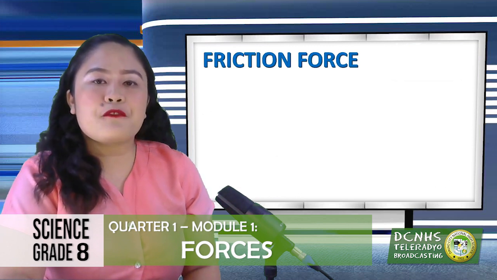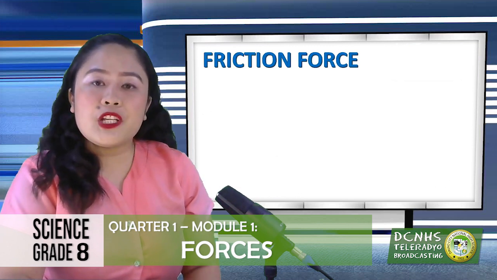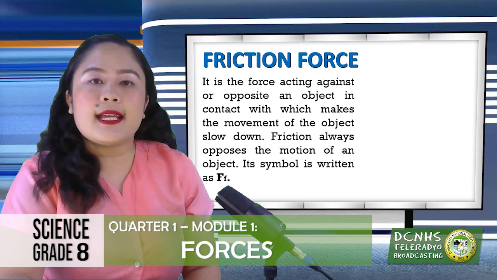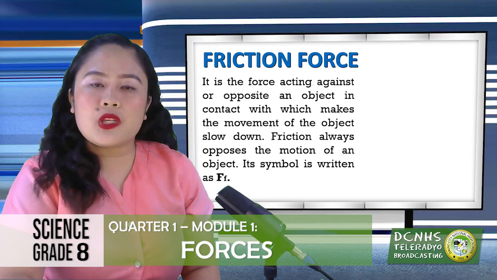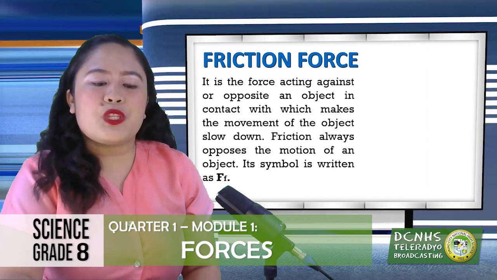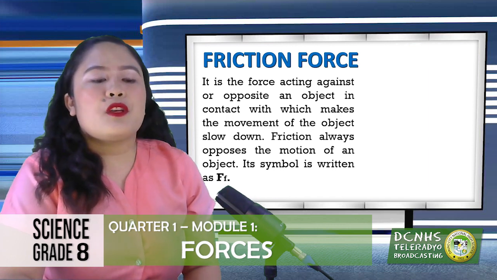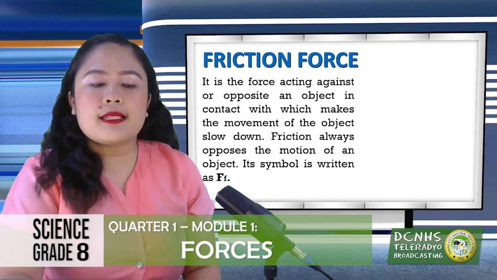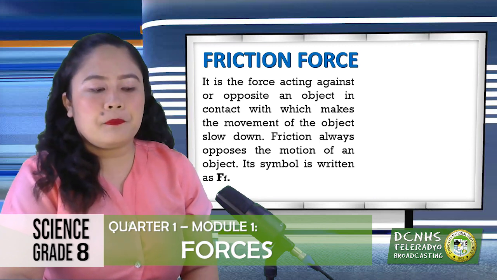Second, friction. Friction is the force acting against or opposite an object in contact with, which makes the movement of the object slow down. Friction always opposes the motion of an object.